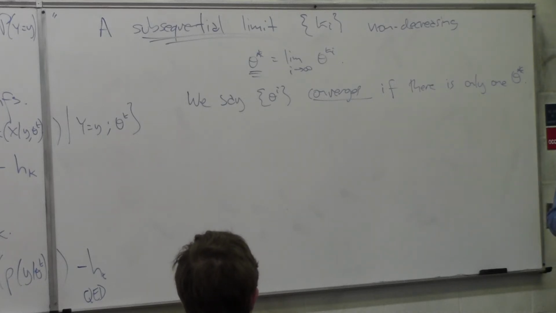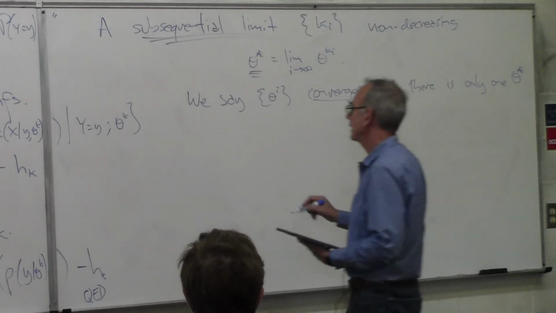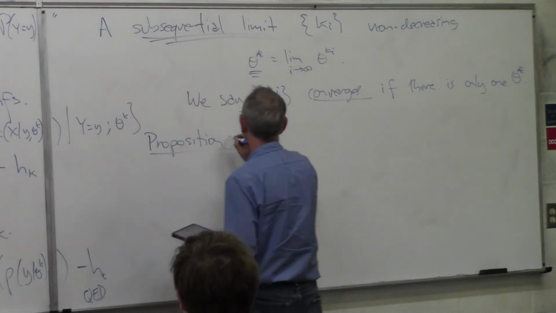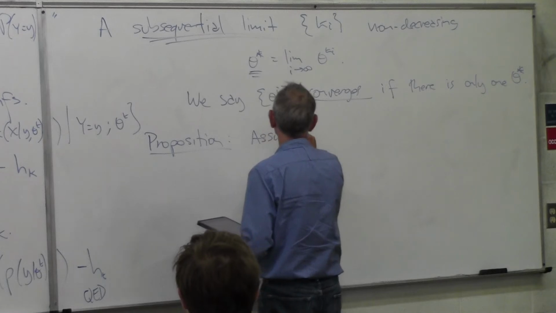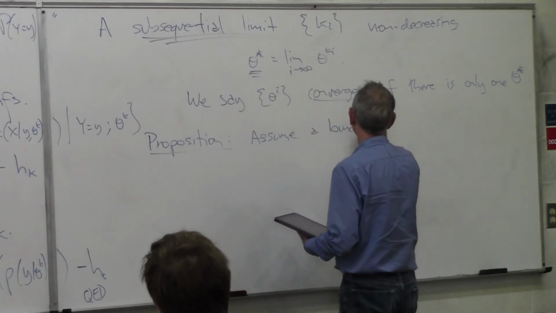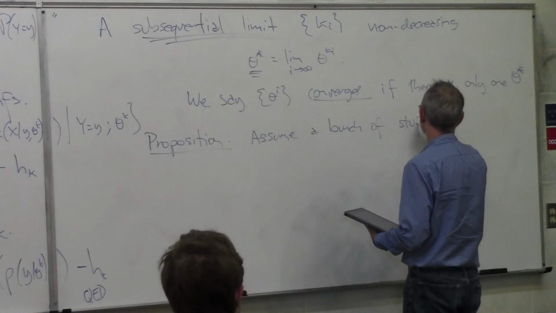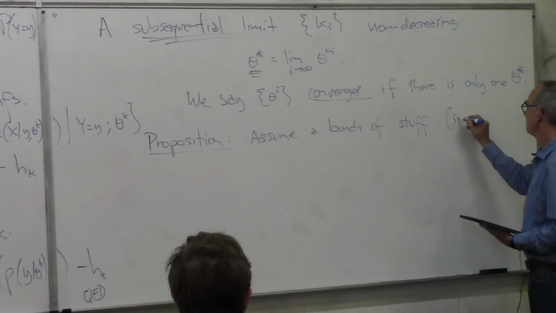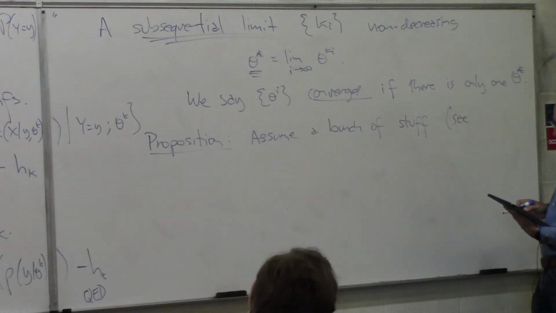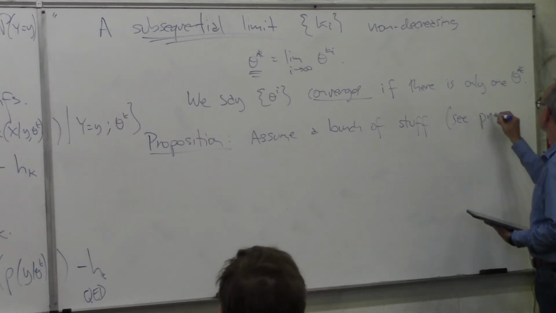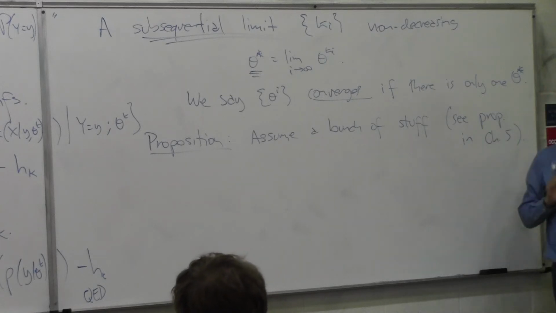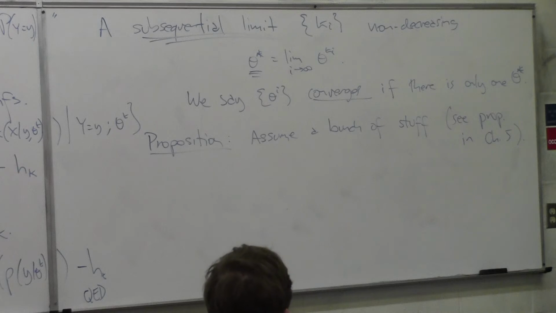Okay, so here's a beautiful proposition. Assume a bunch of stuff. So see the book. There's one proposition in the textbook, and there's a list of assumptions, and why write them all down?